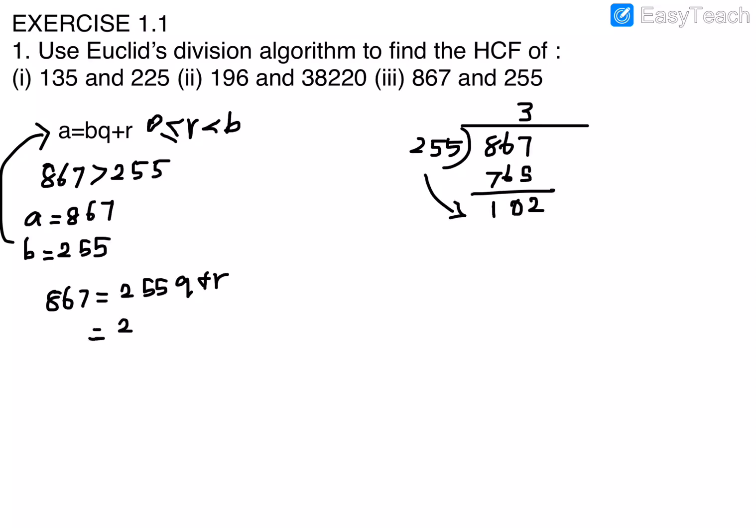So I am going to substitute the values of Q and R. Q is 3 plus R is 102.